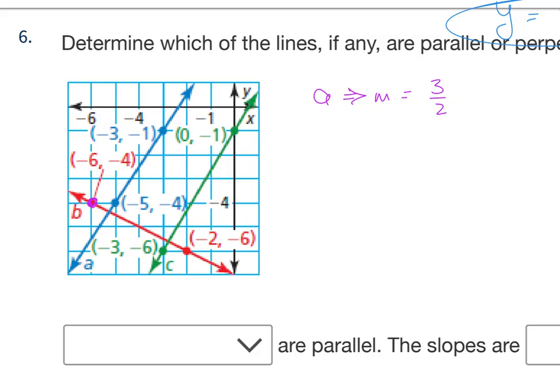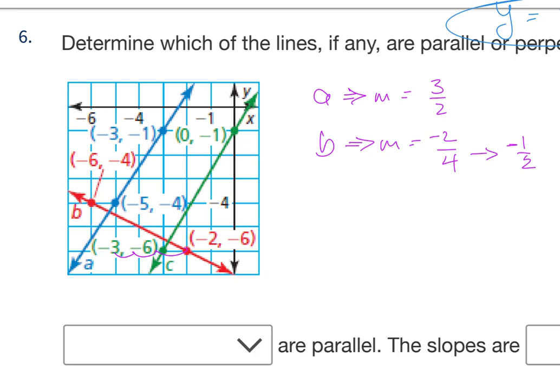I'm going to rise negative 2. So for B, it's negative 2 over 1, 2, 3, 4. So that's negative 1/2. Well, A and B are not parallel or perpendicular.